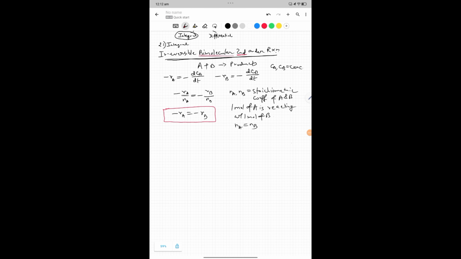If the two rate expressions are equal, we can write a single rate expression for both.